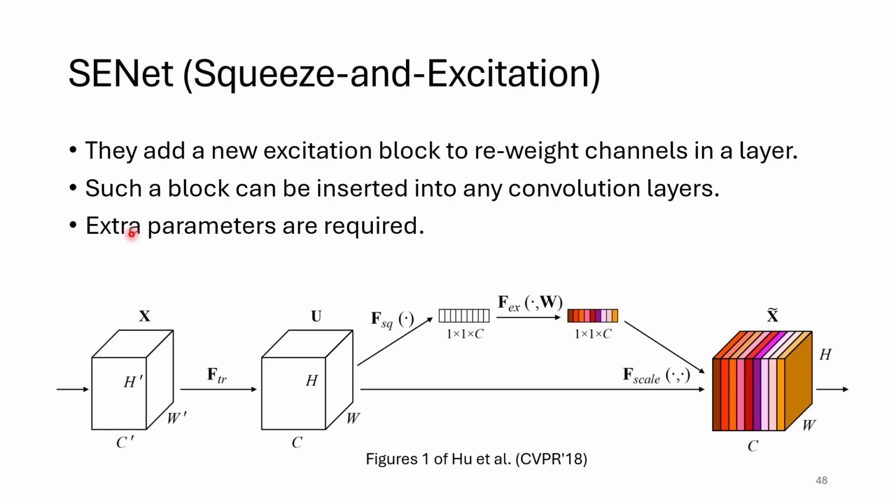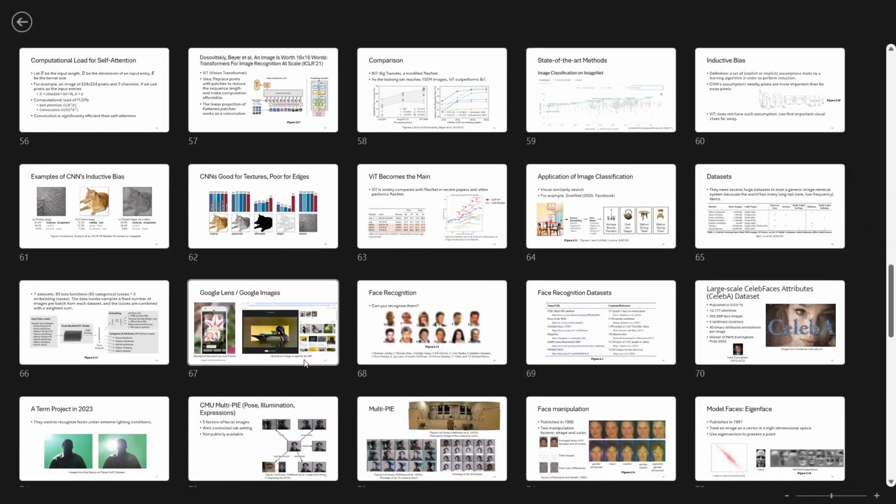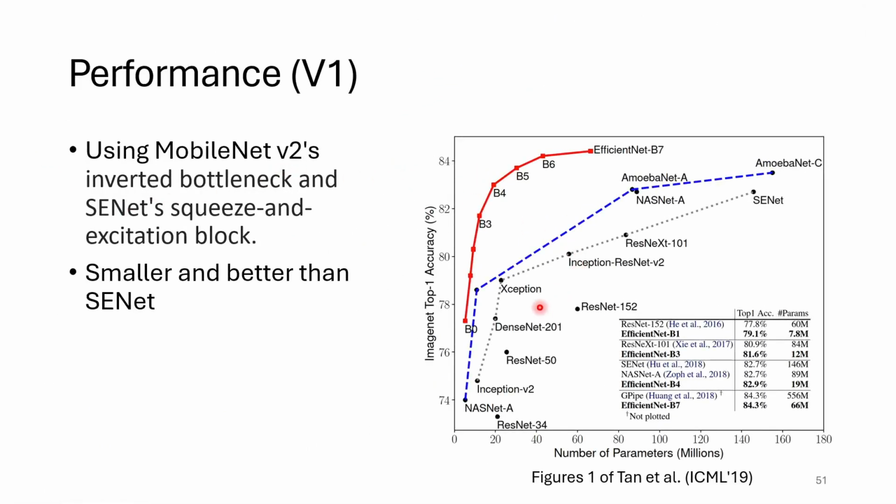However, the problem is they need more parameters. So how many more parameters do they need? Okay, let me show you a comparison. As you can see, ResNet 152 requires around 6 million parameters. But how many parameters are needed in SENet?